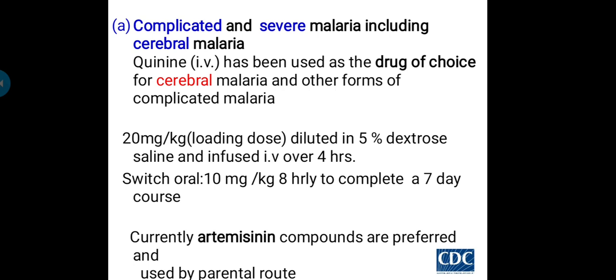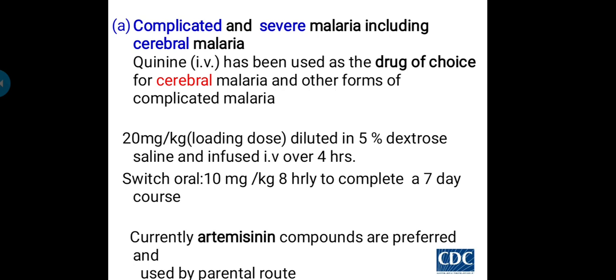Number 2, dose of primaquine in relapse prevention and dose of primaquine in the gametocytocidal activity, that is, killing of the gametocytes.